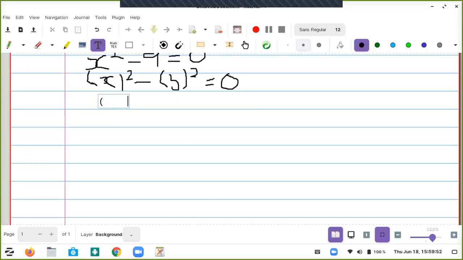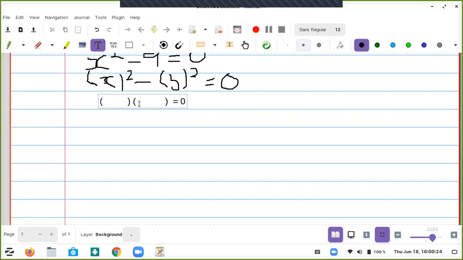So that's my first pair of brackets, then my second pair of brackets. Why am I doing this? I'm doing this because I've seen that my terms are perfect squares, right?